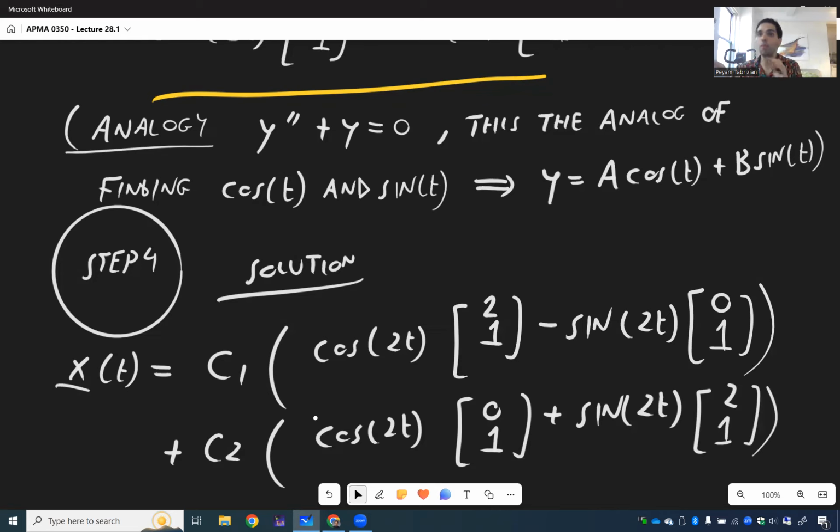So the first thing is almost like a dot product. The second term is like the cross terms.